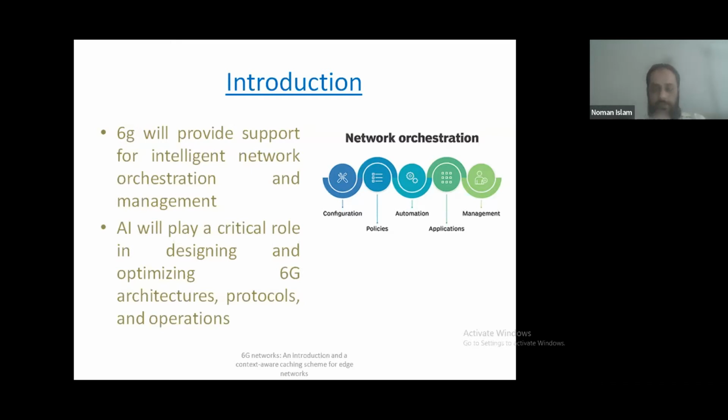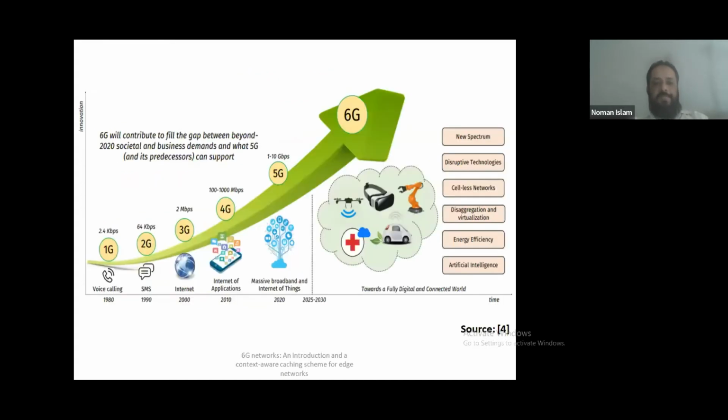All of these things will be based on artificial intelligence. There will not be any human involvement. The complete network management will be performed based on the statistics collected. Even the spectrum decisions will be based on artificial intelligence.